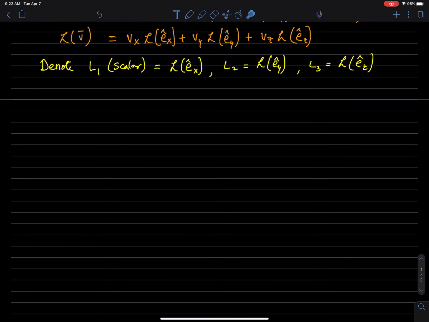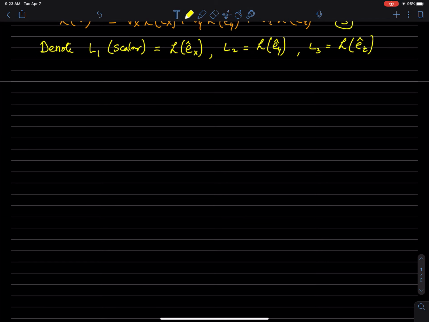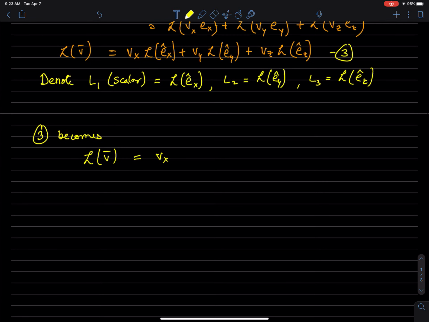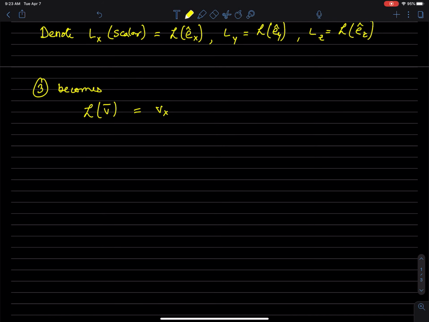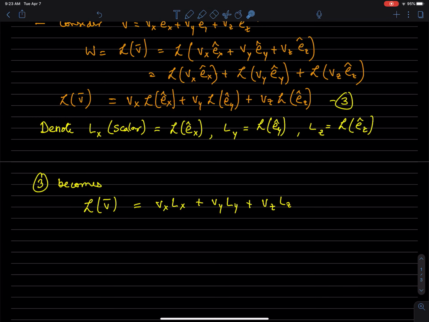Then this relationship, let's call this equation 3, becomes, actually, I shouldn't have called it L1, L2, L3. Maybe I should have called it Lx, Ly, Lz. So the function L becomes Vx Lx plus Vy Ly plus Vz Lz. Okay, so that's what that becomes.